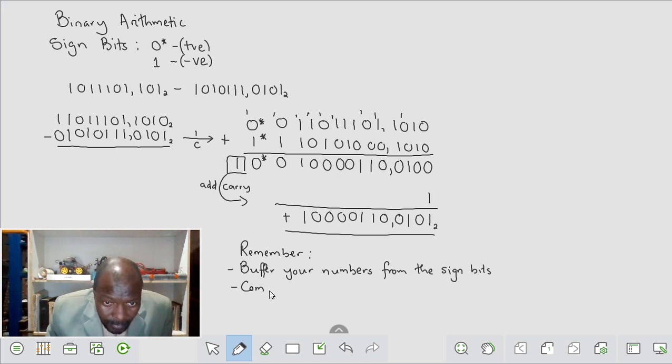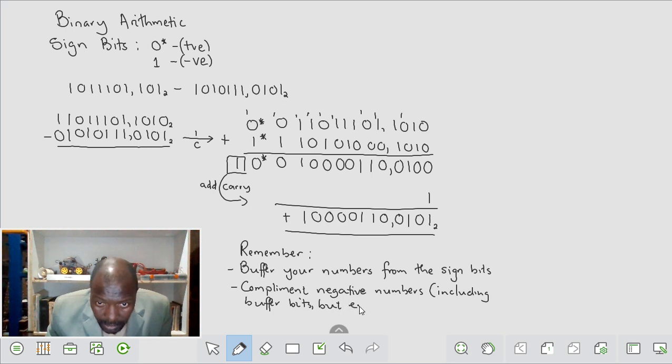complement negative numbers including buffer bits but excluding the sign bit.